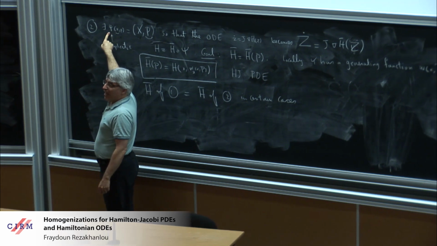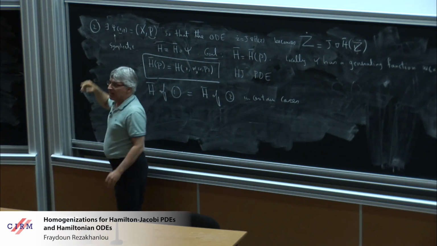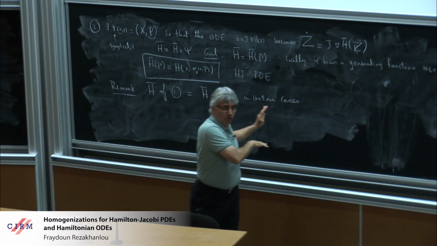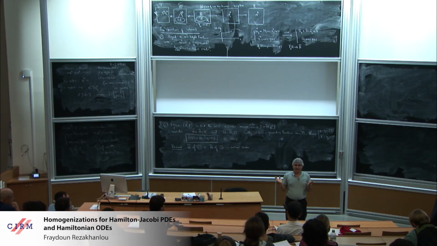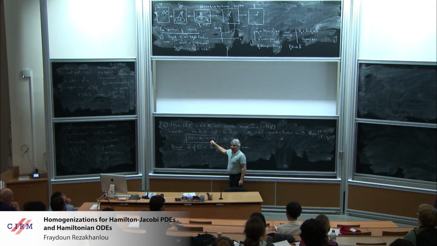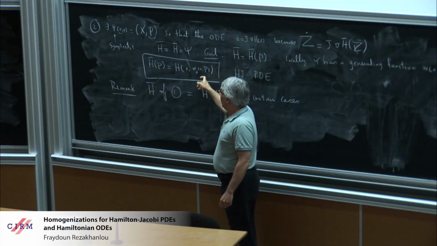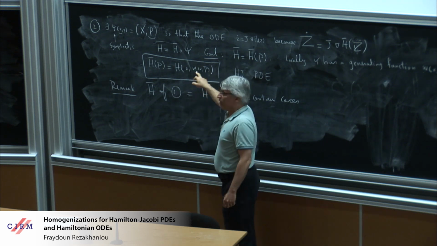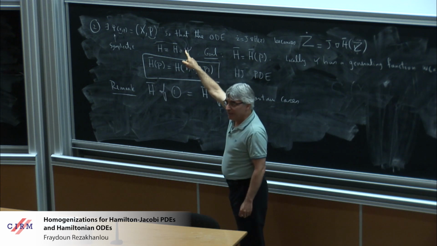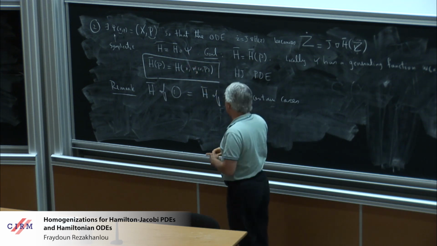But that's too much to ask. If such a global psi exists, that's equivalent to this ODE being completely integrable, which is a very rare thing to happen in reality. However, the existence of a PDE solution is not something rare. And you may wonder, what would happen if I start from the existence of a solution and try to say something intelligent about the corresponding ODE? That's one question we can ask.